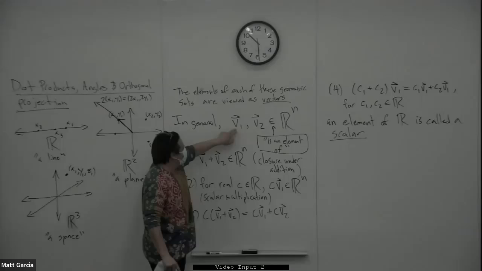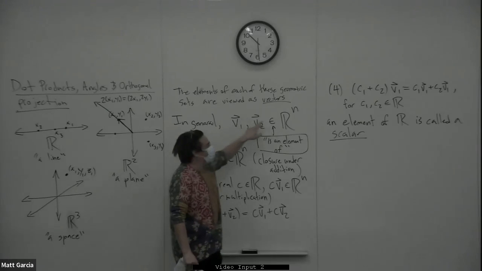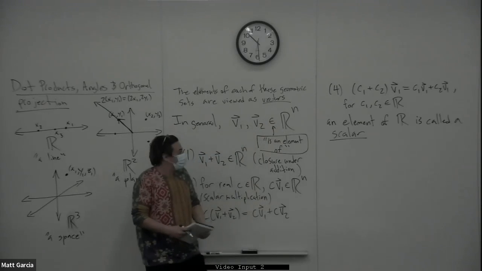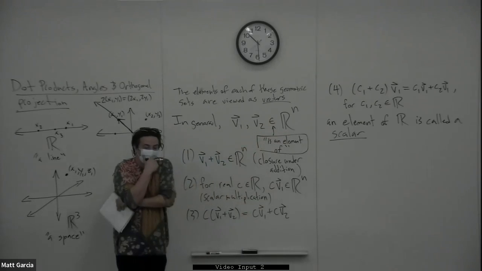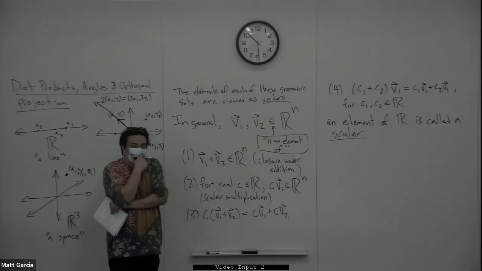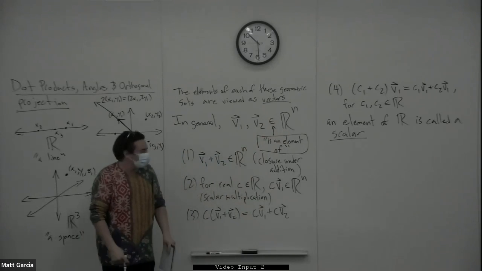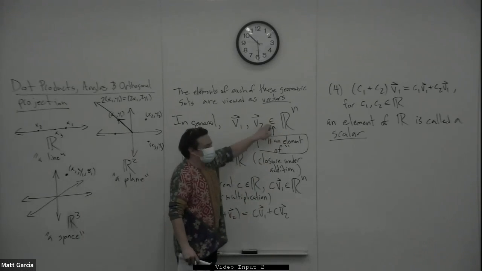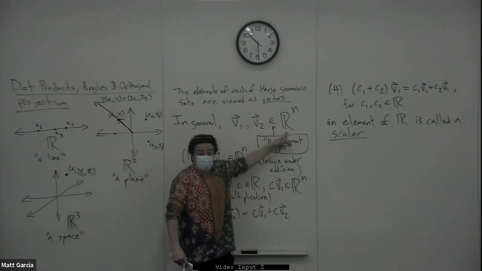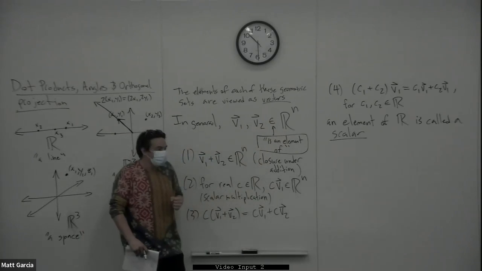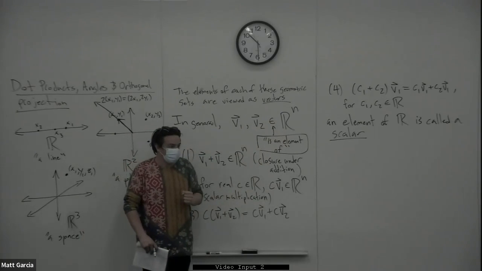So this is saying when V1, V hat 1 is an element of Rn, that's saying that it's an element of this set, which is the set of n-dimensional vectors. Right. So this curvy E just means is an element of whatever the set is on the right. Yeah. Is that okay with everyone?